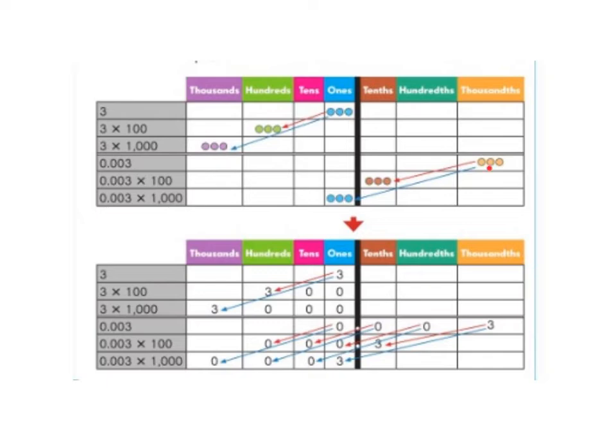If we multiplied 3 thousandths by 1000, we would shift our digit over 3 places to the left, which would move it all the way over to the ones place, so we would have 3 ones.